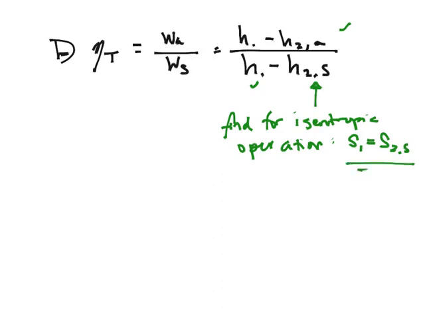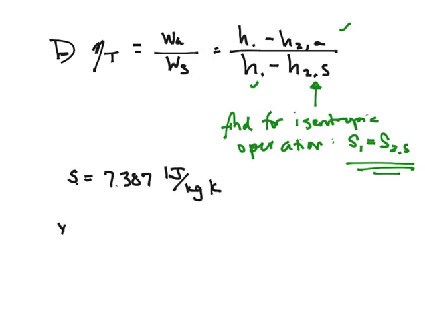And this is the key thing that's going to help us find our final theoretical state. First we're going to find S1, because then we can know what S2 is. We find that S1, because we already know that initial state, is 7.387 kilojoules per kilogram Kelvin.